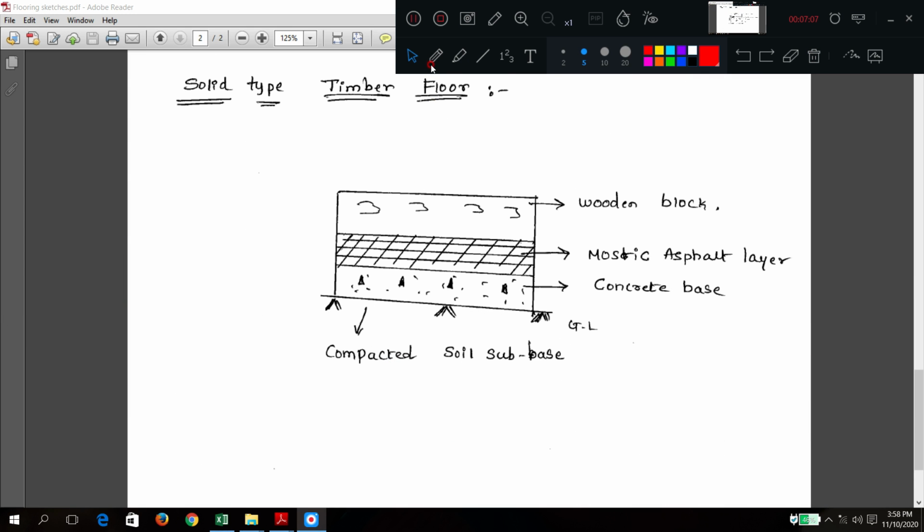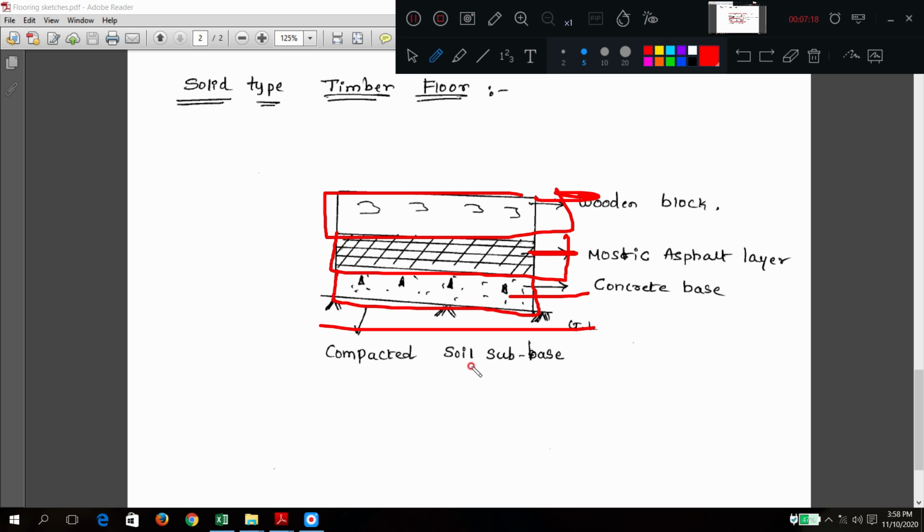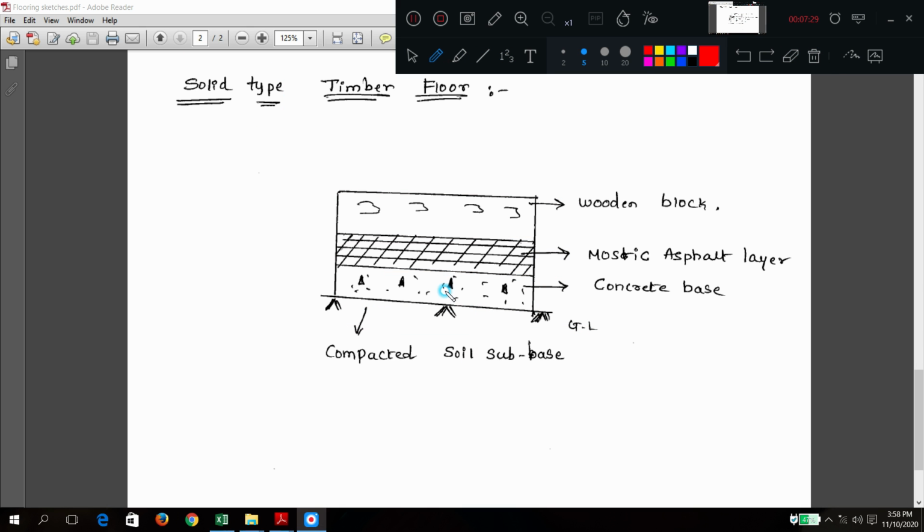Solid type means what? There is a ground, there is a concrete, there is an asphalt layer, there is a timber or wooden piece, wooden block. So all the layers are in continuous contact with one another, and it is also in contact with the ground. That is why we call it solid type. I repeat once again. What is there here? At the bottom you have compacted earth.